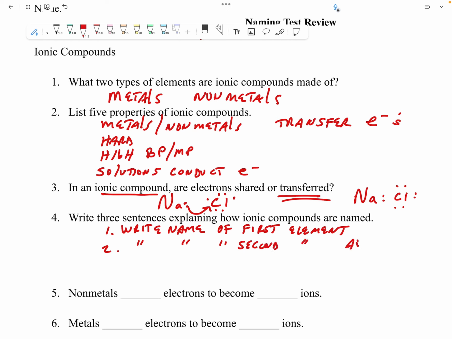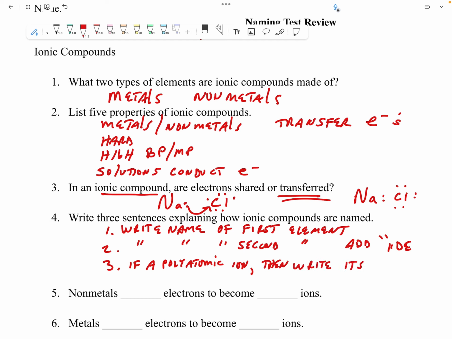Then add -ide in the end, like sodium chloride or magnesium oxide, things like that. If there's a polyatomic ion involved on the second part, then write the name of that too.